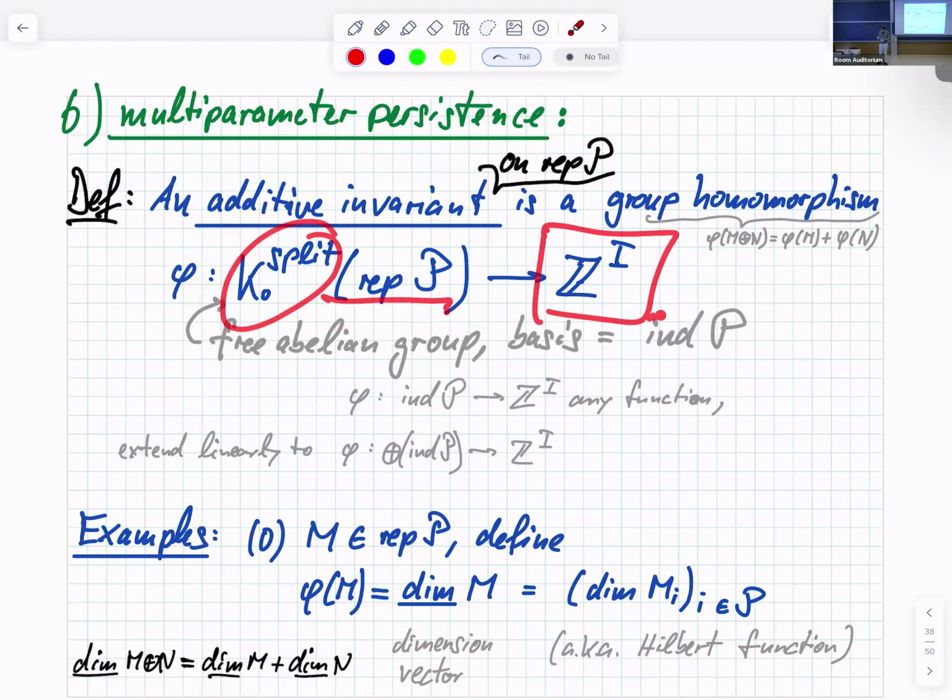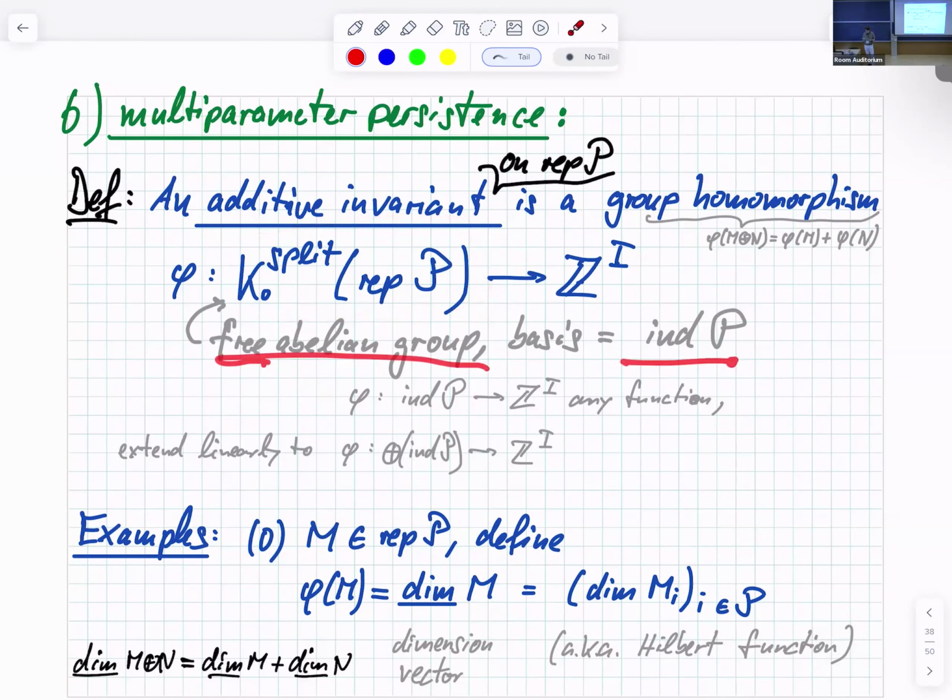These are vectors over some index set I, just vectors of some fixed size. So what is this split Grothendieck group? This is the free abelian group which has as a basis the indecomposable representations. And I want a map phi that is compatible with the direct sum. I want phi of the direct sum M plus N to be the sum of the phi values of M and N. So this is a group homomorphism.